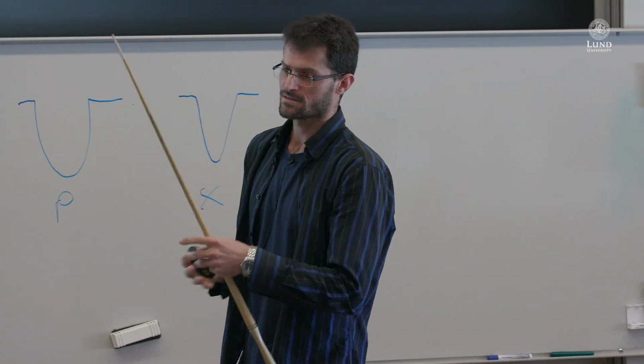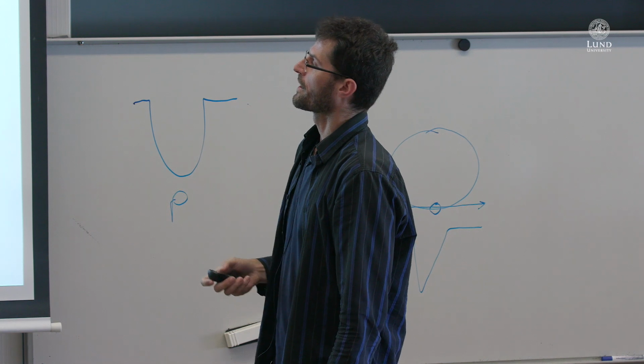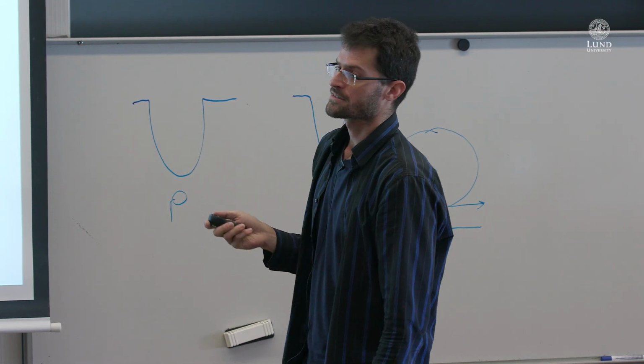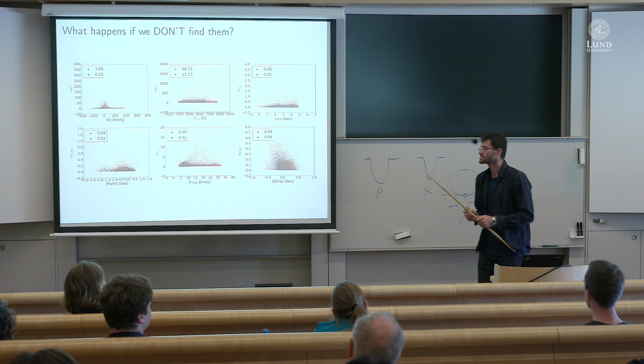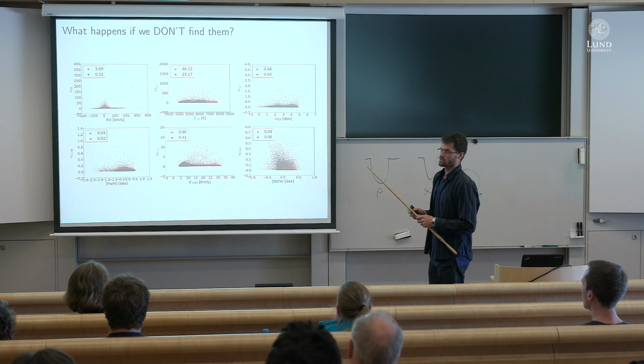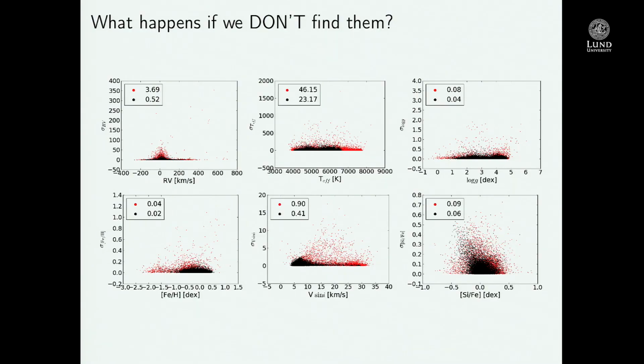But of course, there's some scatter between these measurements. The black points show the scatter for what we flag as good, well-behaved normal stars, so the results that we trust. The red points show this scatter for repeated observations of peculiar stars.